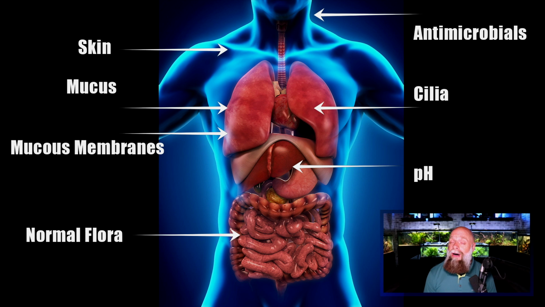And one thing that often gets overlooked is our normal microbiota or our normal flora. Normal flora are awesome. They're a very important part of protecting us from potential infection. So again, the point is we have these things, they are functioning in our bodies right now.